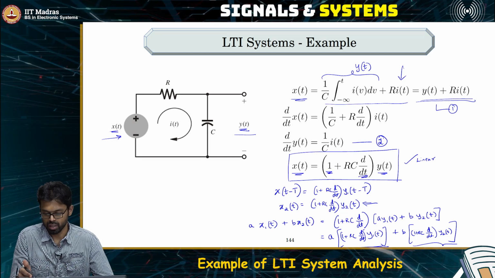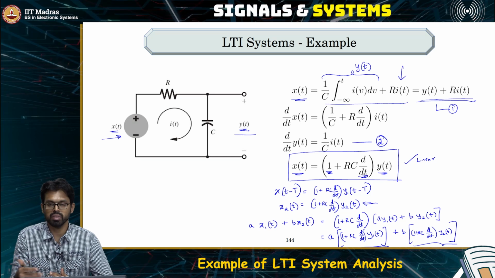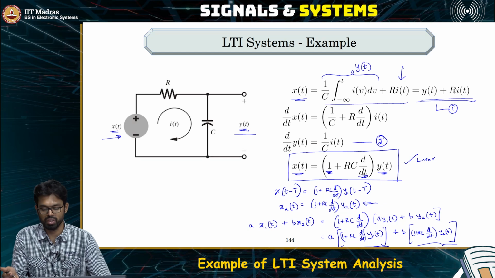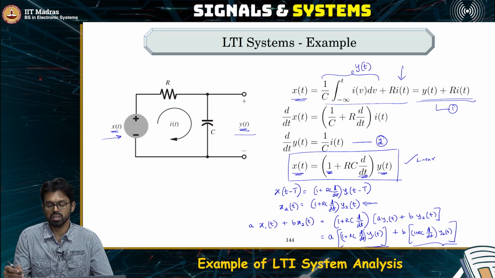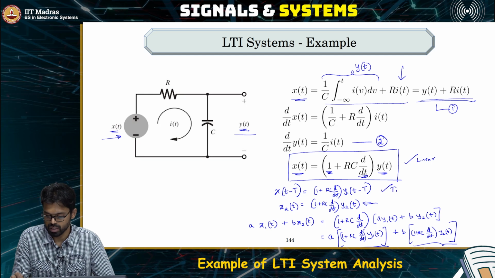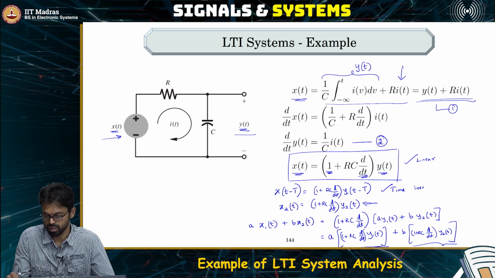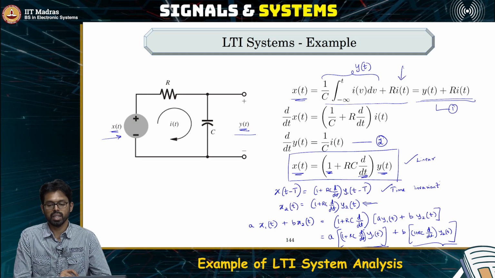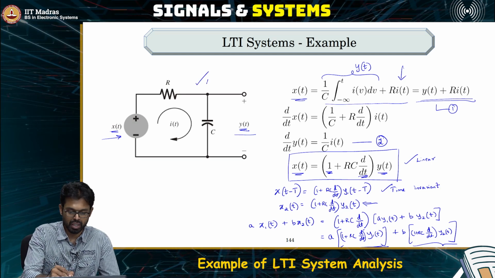So you can say d by dt of t minus T is the same as d by dt. The derivative does not change because of time shifting. So the input-output relationship does not change because of time shifting, and hence this is still time invariant. So this entire system turns out to be an LTI system.